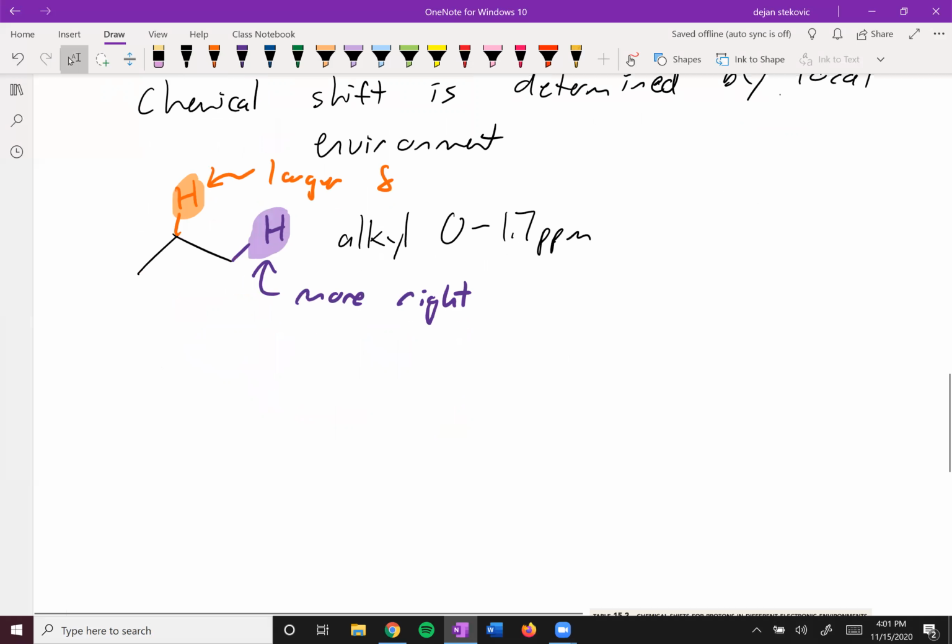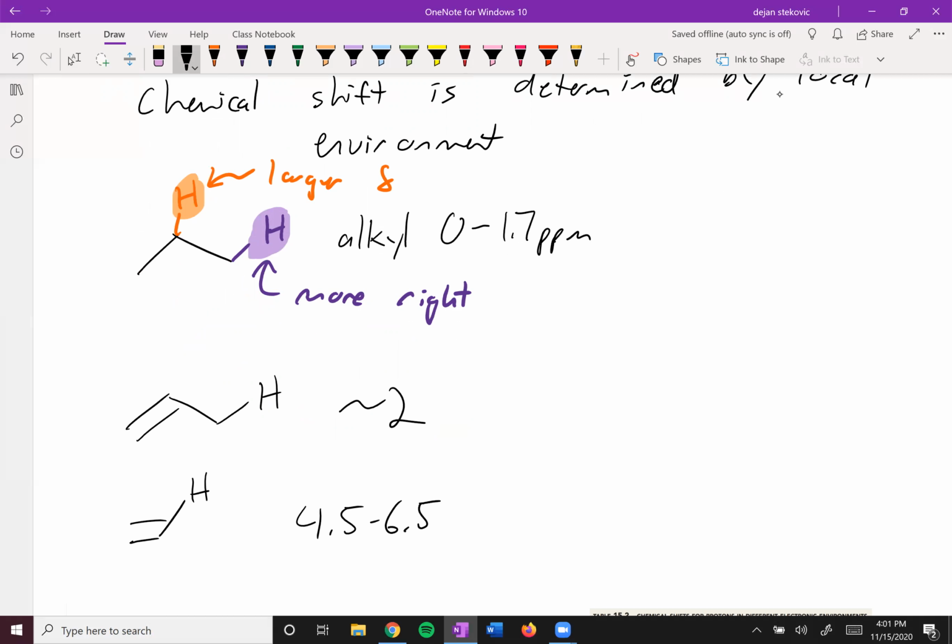Some other useful things to know are allylic hydrogen, so not in the pi bond, but next to a pi bond, will be approximately 2 ppm, while vinylic are around 4.5 to 6.5. Alkynyl will be around approximately 2.5.